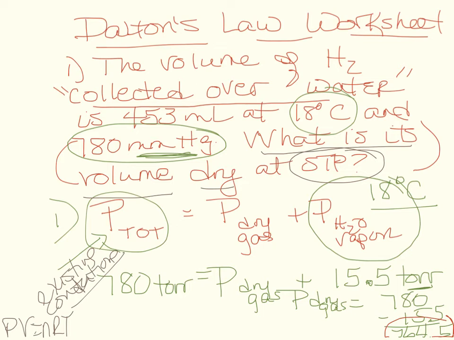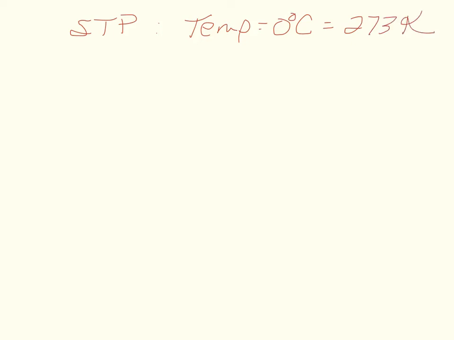So now we're going to go to the next page and set out how we work the second part of the question. Okay, so the new conditions for that gas are STP. That means they want us to calculate conditions for that gas at a temperature of 0 degrees, which is 273 Kelvin, and a pressure of 1 atmosphere, or 760 torr, depending on what units we need.